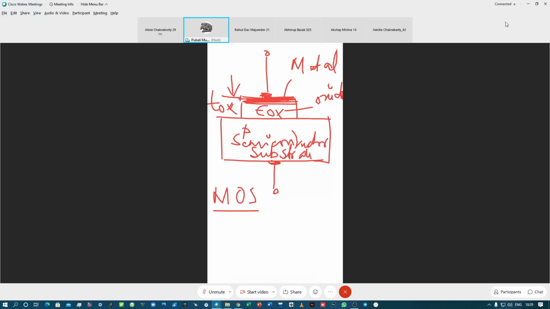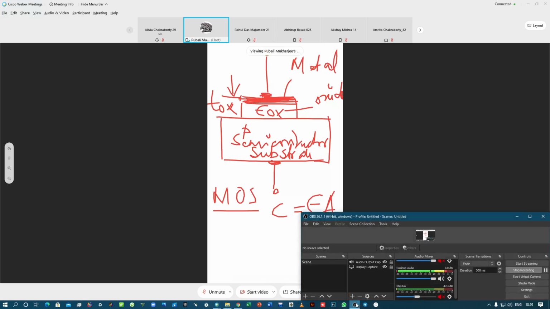Okay. Now, you know that capacitance is defined for a parallel plate capacitor, if epsilon is the permittivity of the medium, or in this case, epsilon is the permittivity of the oxide layer. So the capacitance of this geometry, which is drawn in the figure, is epsilon A by D, where A is the area of cross section and D is the thickness.